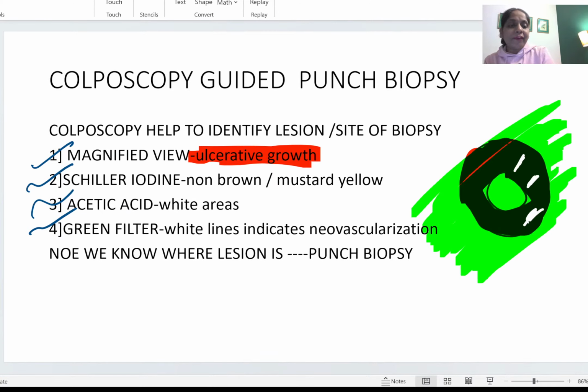For example, if in this area you find neovascularization, then from this area you will take the punch biopsy. Is it clear to you? This colposcopic guided punch biopsy is only taken if you are not able to find the lesion on the naked eye.